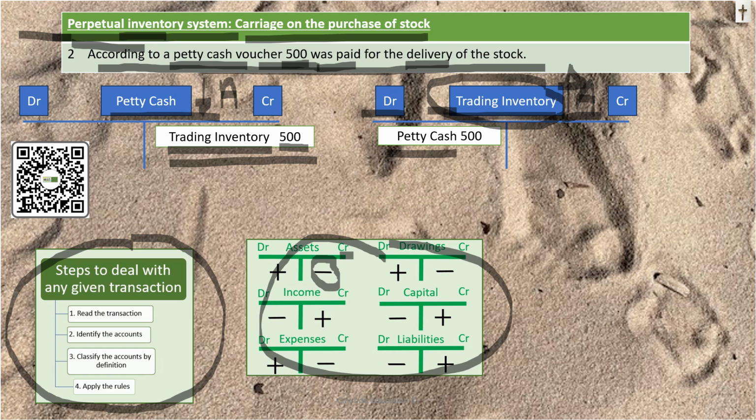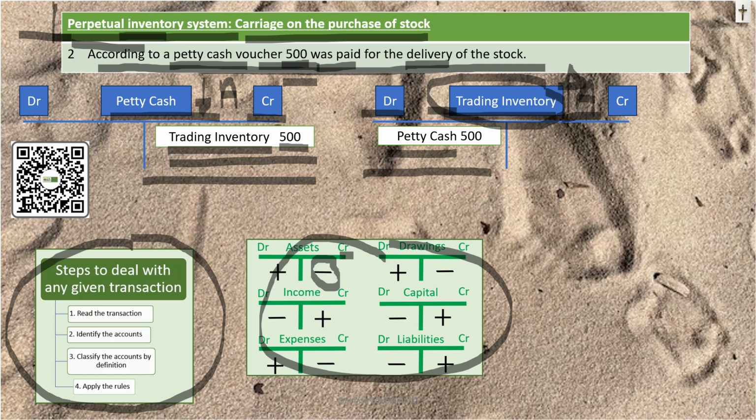Petty cash was credited, decrease in assets. Trading inventory was debited because the cost price of the stock that we've got on hand increased by the amount of the delivery, 500 euros.